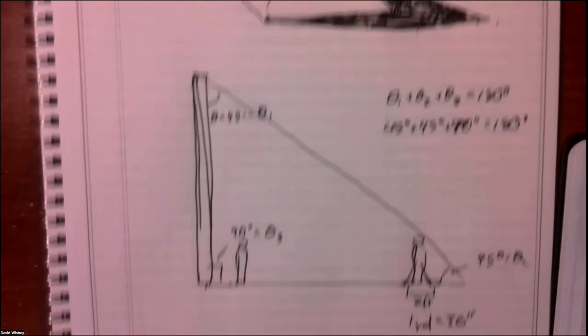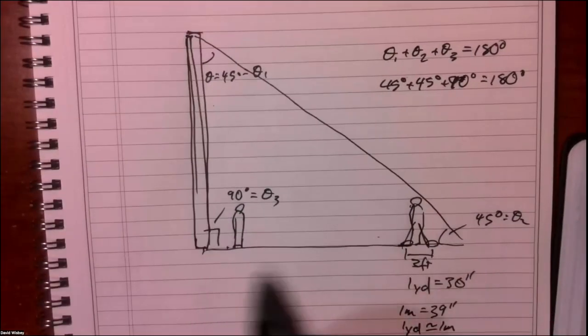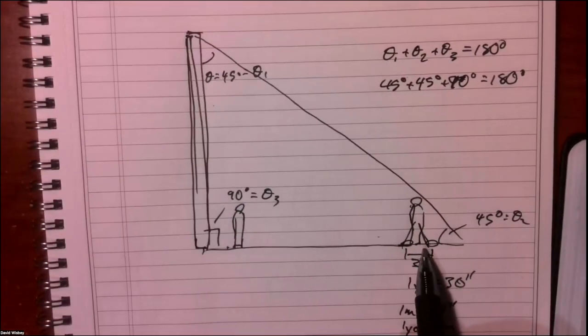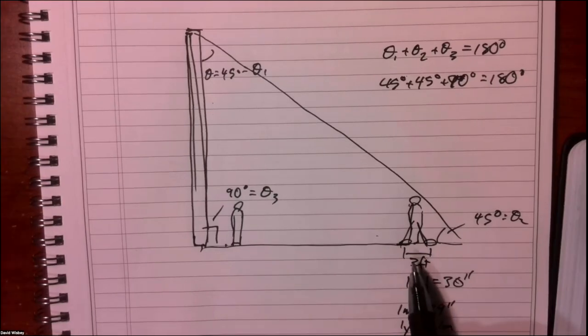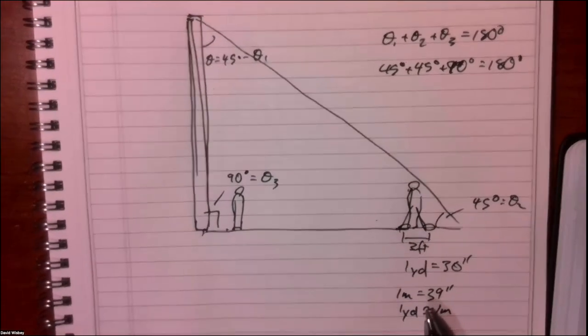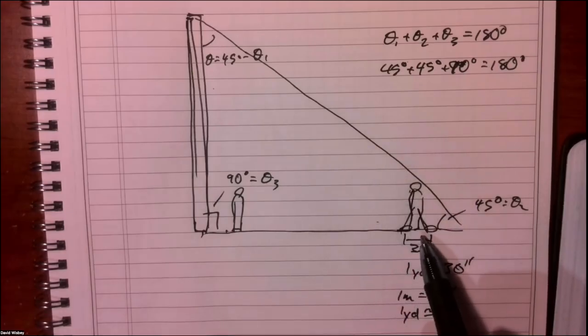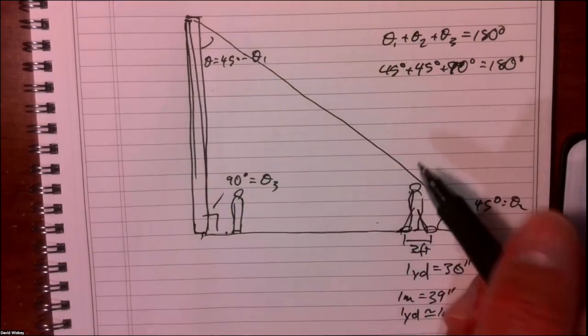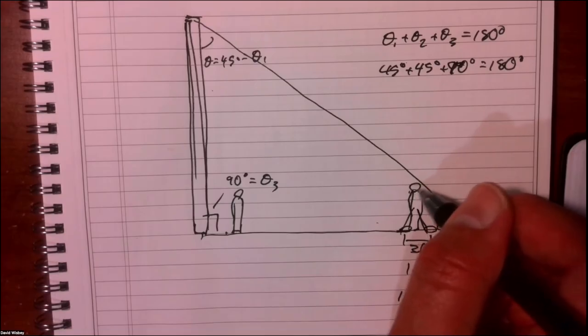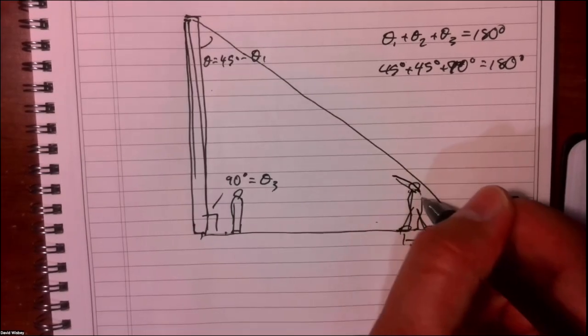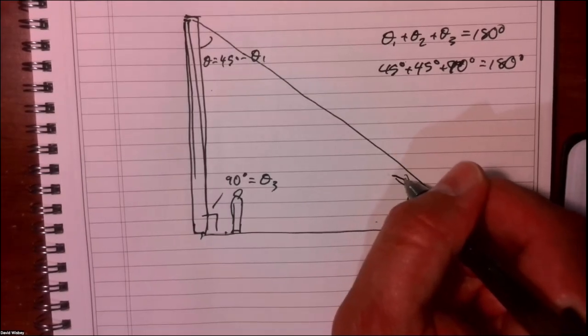For a telephone pole, I took a bunch of steps, and I know that my big step is about equal to 1 meter. So I got to a place about 10 steps away, and then I held my arm up at a 45-degree angle and pointed right at the top.